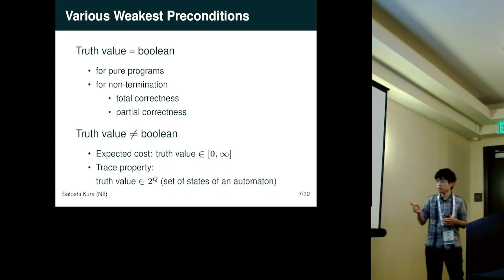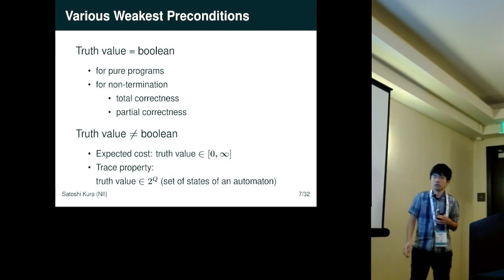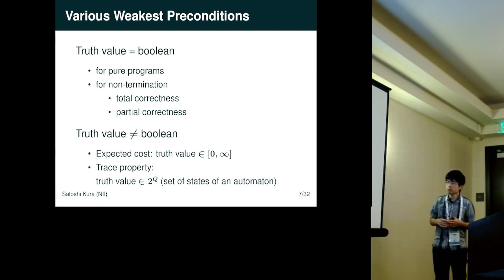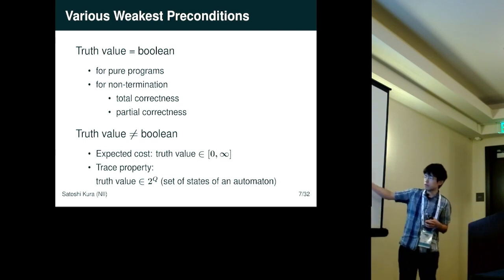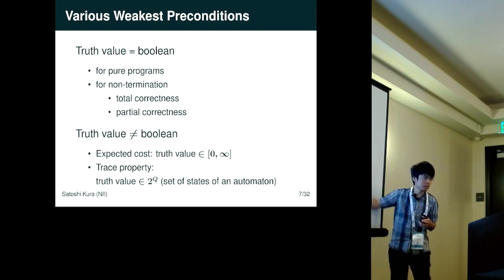For example, if we use extended non-negative real numbers as truth values, then we can define the weakest precondition for expected cost of probabilistic programs. And if we use a set of states of a finite automaton as a truth value, then we can also define the weakest precondition for trace property. I'm going to explain more about these instances.